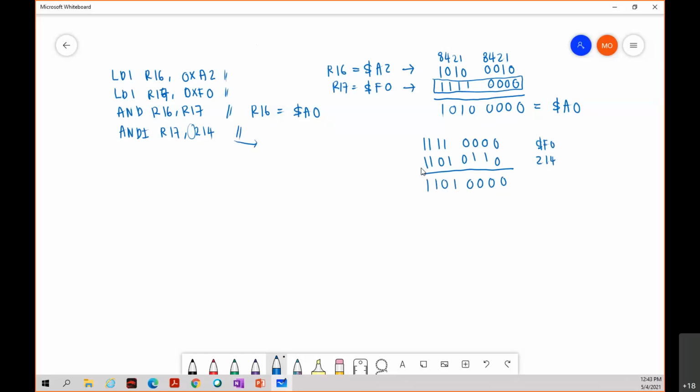Then you change this binary to a hexadecimal number, so you get 8, 4, 2, 1, which is 8 plus 4 is 12, plus 1 is 13. 13 is D, so the value will be D0. This is how to perform the logical ANDI, where you perform the logical AND with an immediate value.